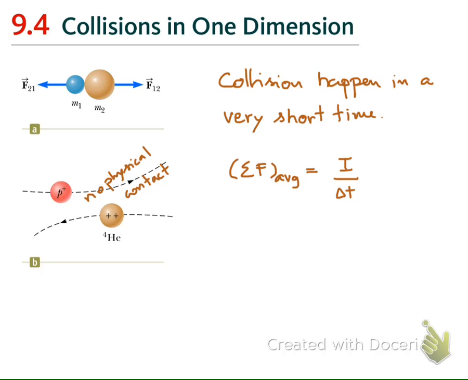It means that if the collision happens in a very small time, delta t is very small. The collision force, the force from the interaction, we call the impulsive force.